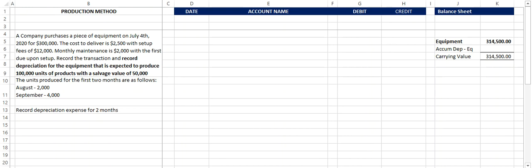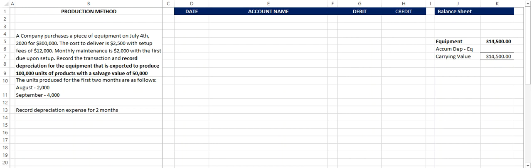And so this mostly can be used when we're trying to depreciate a piece of equipment that's big enough to produce a whole unit. So a manufacturing company would definitely use this method more than any other type of company would.